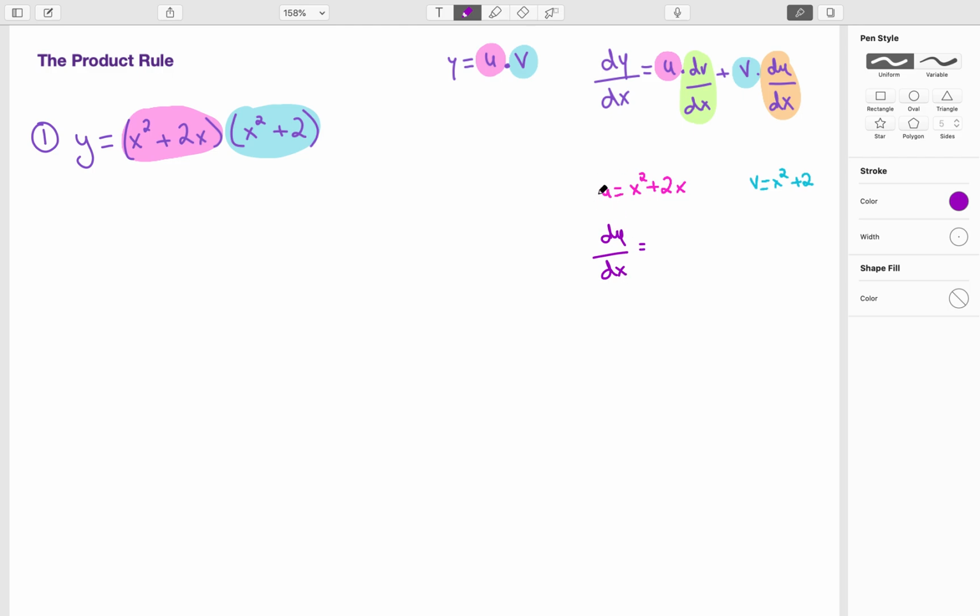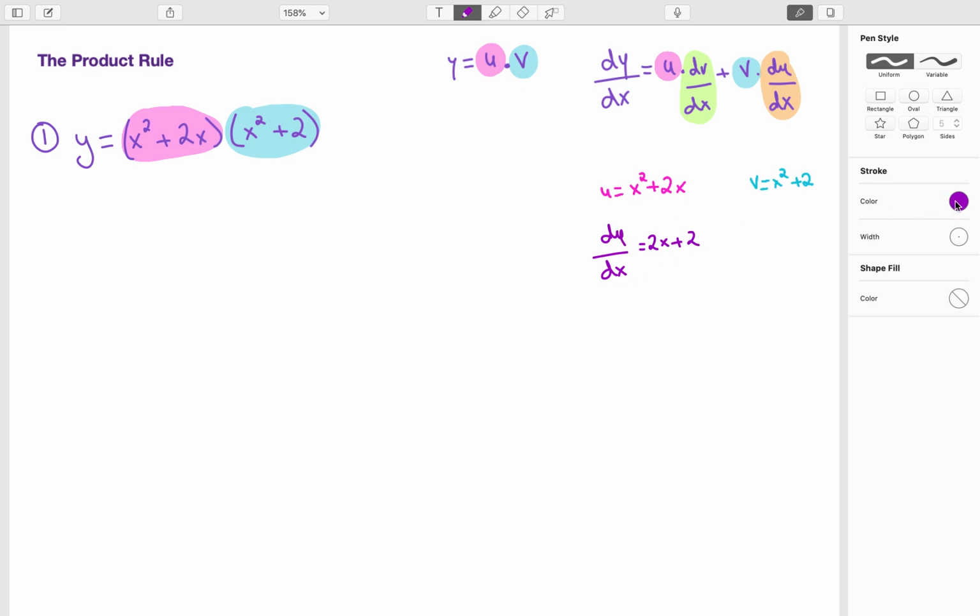Here is u, the function that generates u, and we differentiate that with respect to x. It's as if it was dy dx, but instead of y we've called it u. So we do the same thing as normal: multiply down by the power, take one off the power.